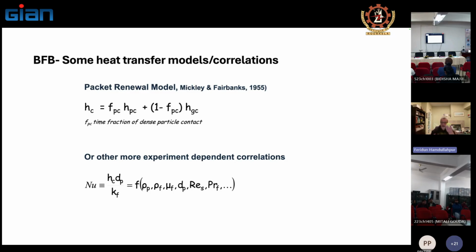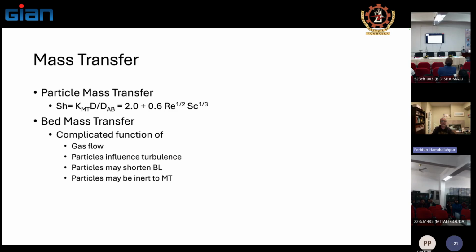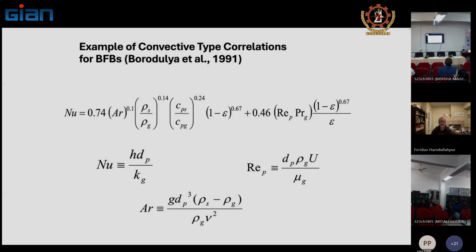But when you have particles or clusters of particles, they are influenced by the turbulence of the flow, but they also modulate the turbulence. That means they cut down the scale of turbulence. So there is no known correlation that will give you exactly what it will be. So everything that I'm showing you here are predictions, such as this one.